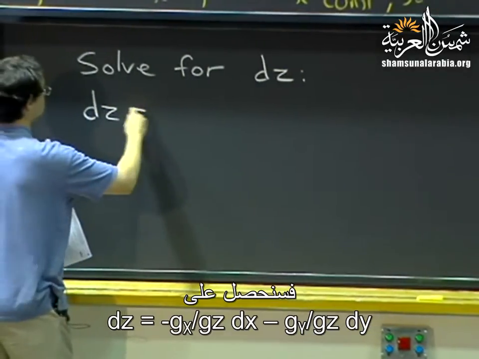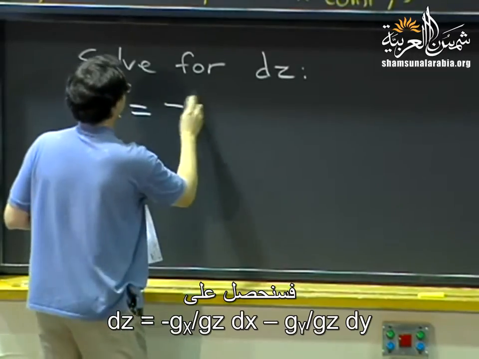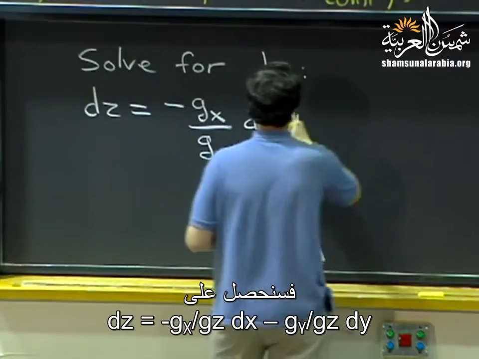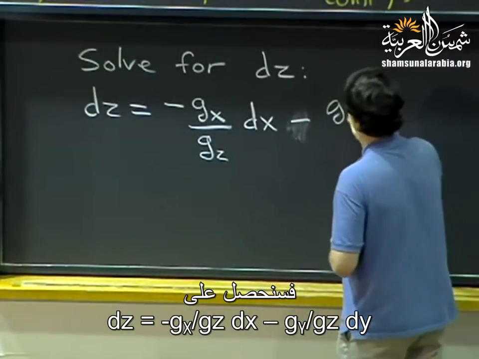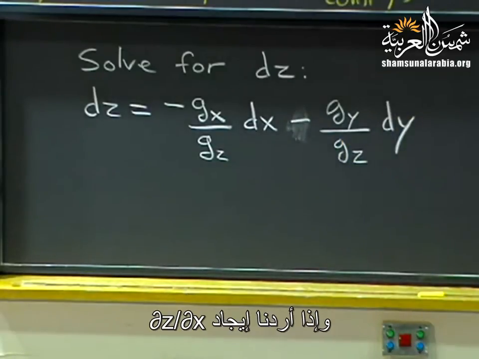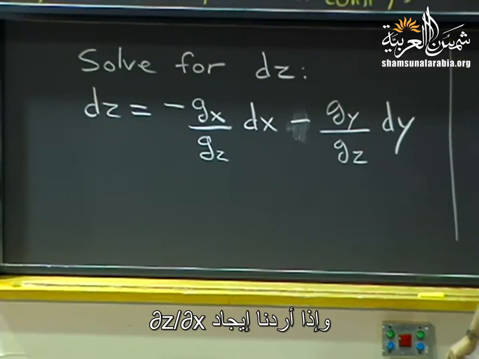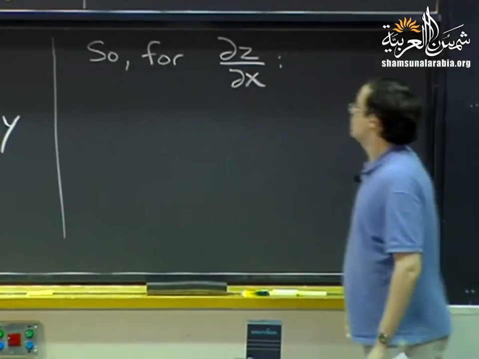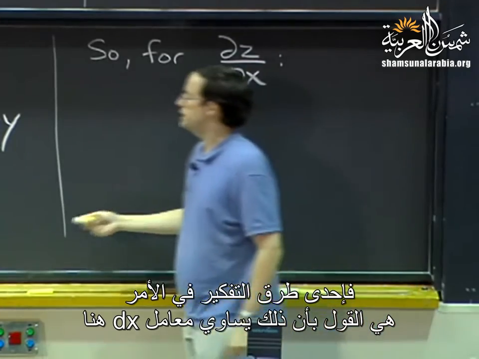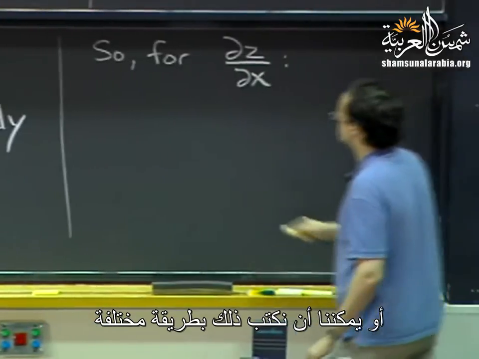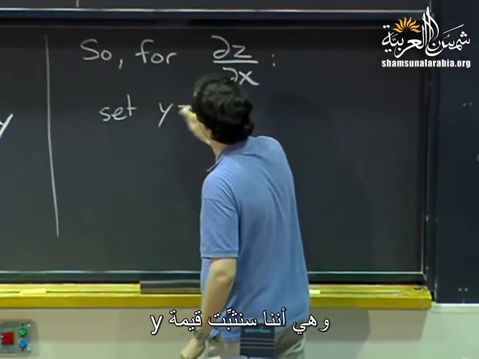We'll get that dz is negative g sub x over g sub z dx, minus g sub y over g sub z dy. And so if we want partial z over partial x, well, one way is just to say that's going to be the coefficient of dx in here, or just to write down the other way, we are setting y equals constant.